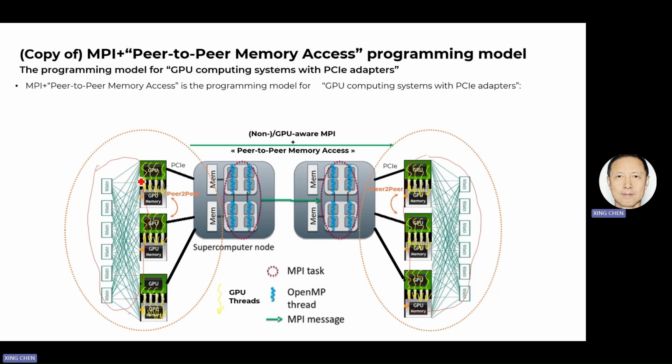For the GPU computing systems with PCIe adapters, the peer-to-peer memory access between the GPUs goes through the PCIe link. This GPU can access the memory of another GPU, but you have to go through the PCIe links.